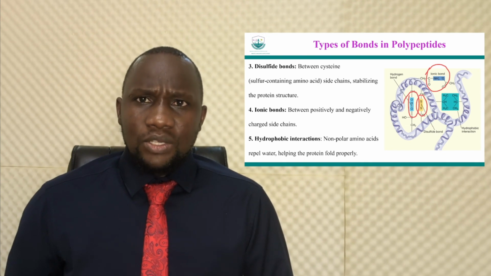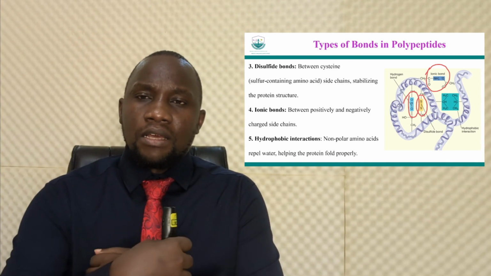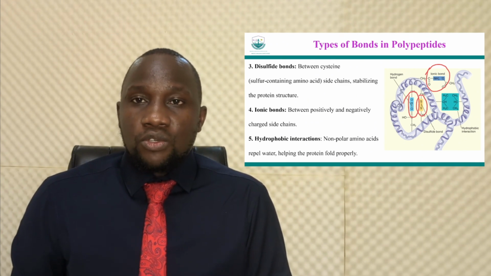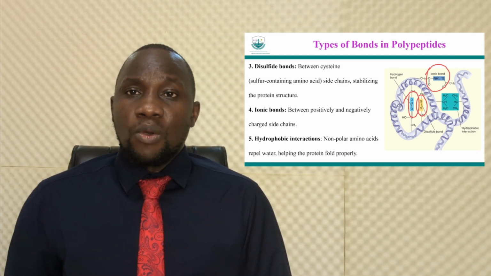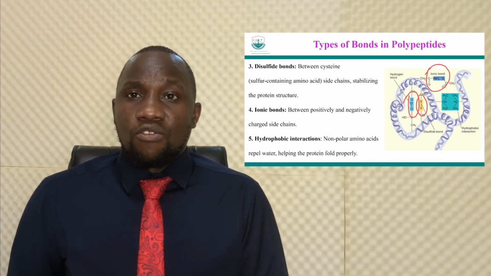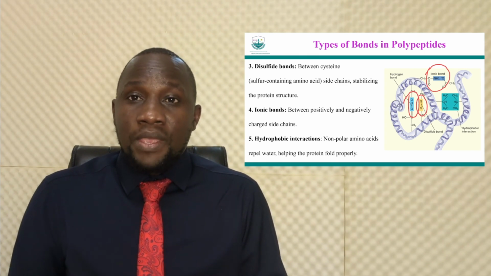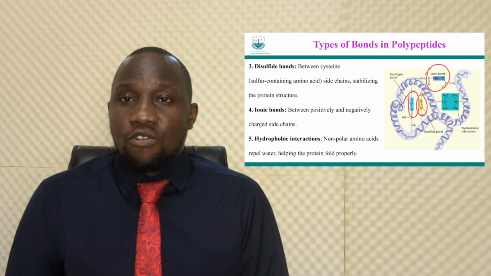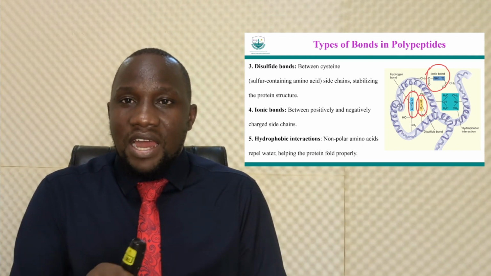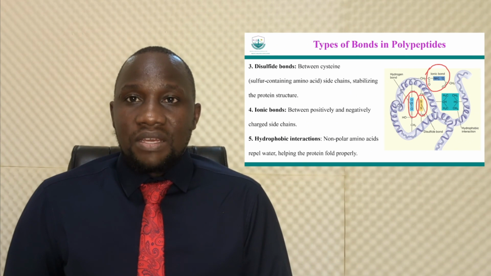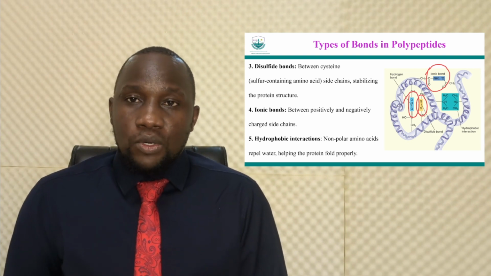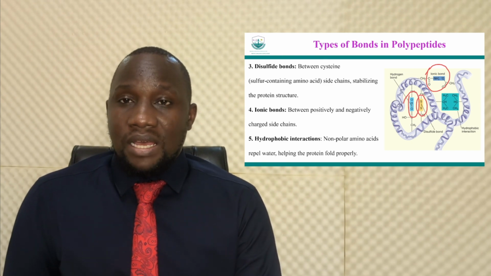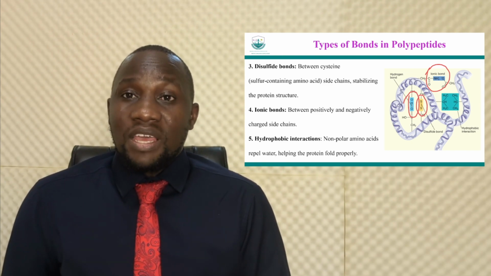Hydrophobic molecules are those that hate water, so usually they fall away from water. You can have protein molecules that are hydrophobic because they have hydrophobic molecules, for example hydrocarbon chains. If the R group of the amino acid is a very long hydrocarbon chain, that chain is going to be non-polar, and therefore hydrophobic.